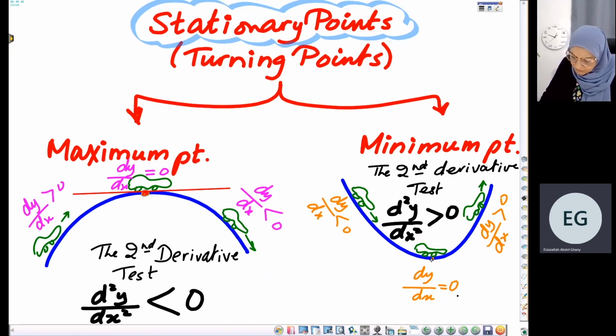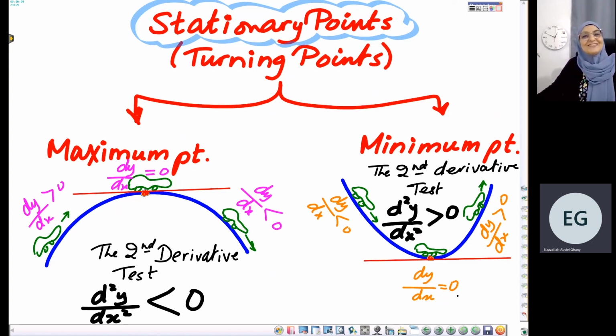In some books, we call it critical point or turning point. Most probably, it is stationary point in most of the books. When you take a tangent here, is this tangent going up or sliding down or horizontal? Horizontal. So gradient of the tangent to the curve is 0.